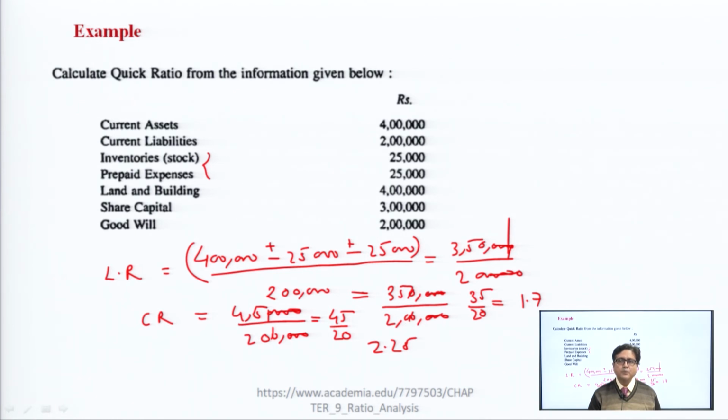So to get a more liquid position, we have to do the quick ratio by deducting inventories and prepaid expenses from current assets. The amount left, we divide by current liabilities to find the exact figure.